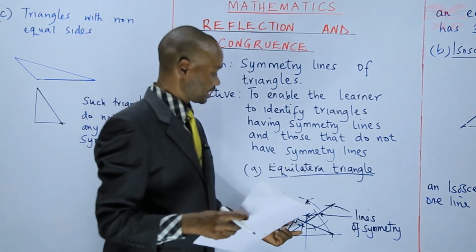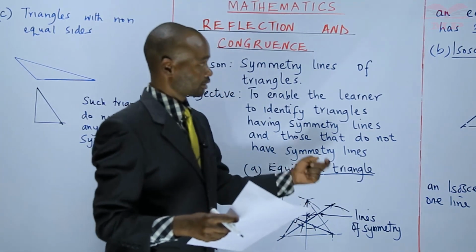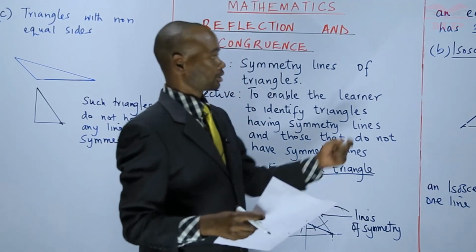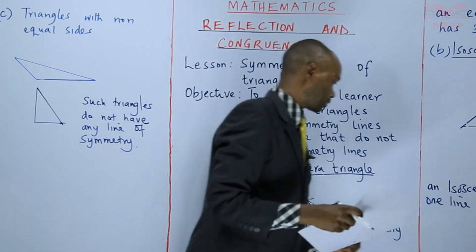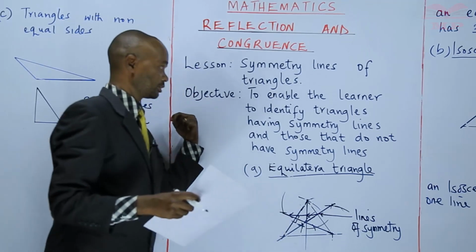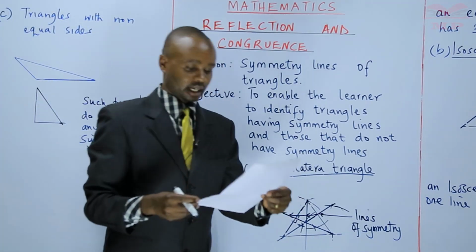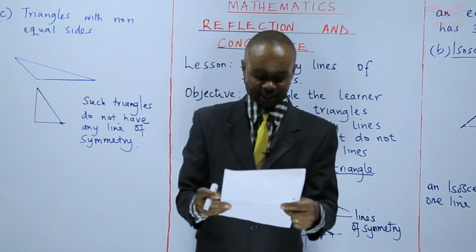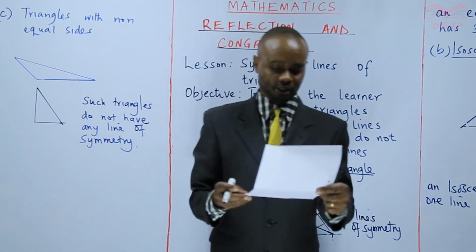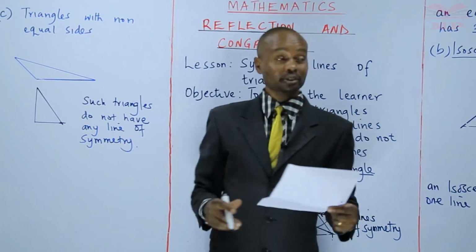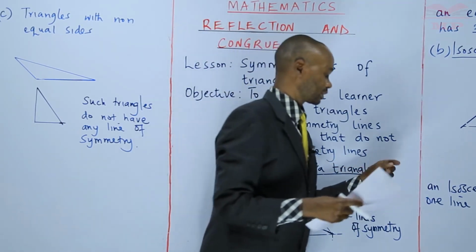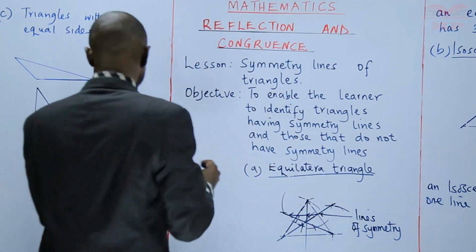You can identify this is isosceles, equilateral; not equilateral, not isosceles, it will mean it is the other triangle. So at that point, I'll give you a short assignment, which will sharpen you on the concepts learned.